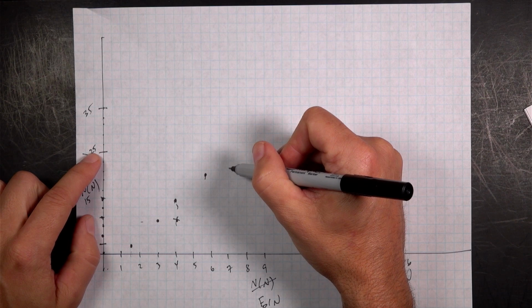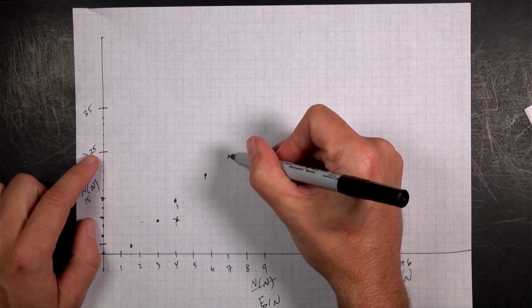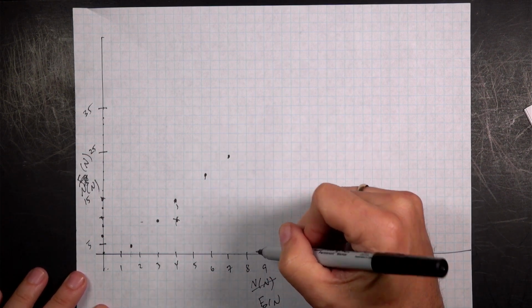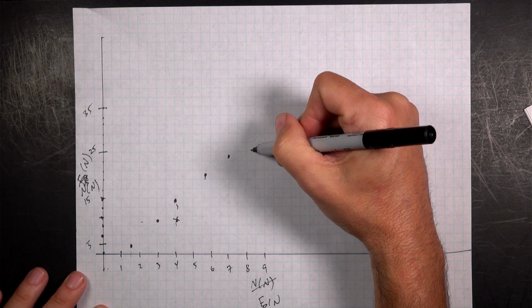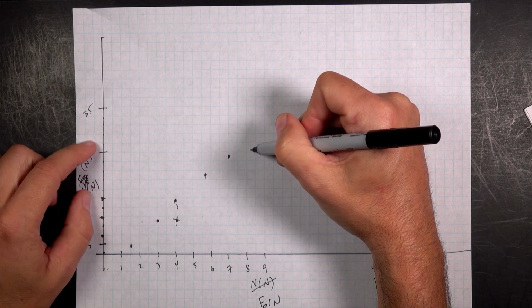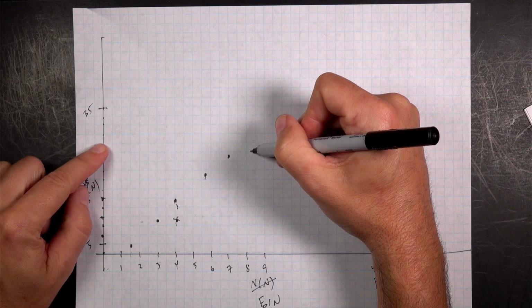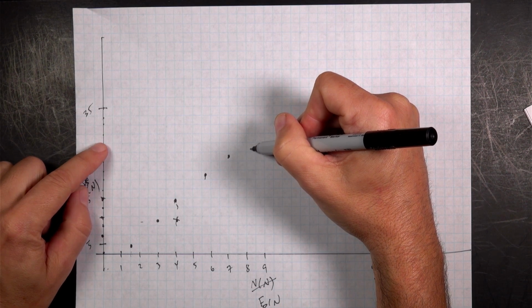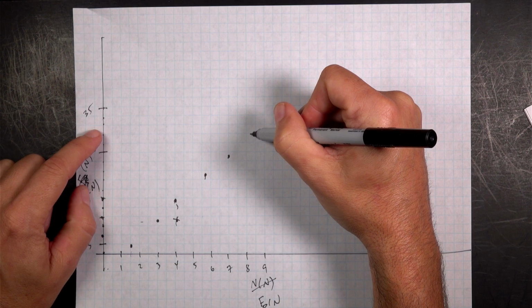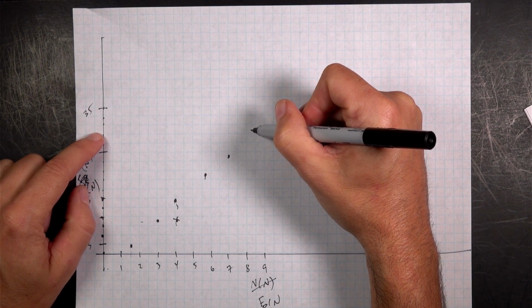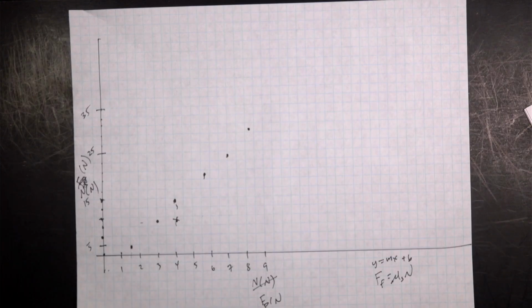So there's 25. And then finally 8.35, which is around here. And 29.4. So this is 25, that's 27. That's 29 right there. A little bit higher. Okay, so there's my data points right there.